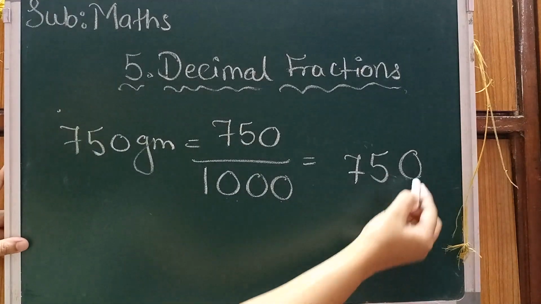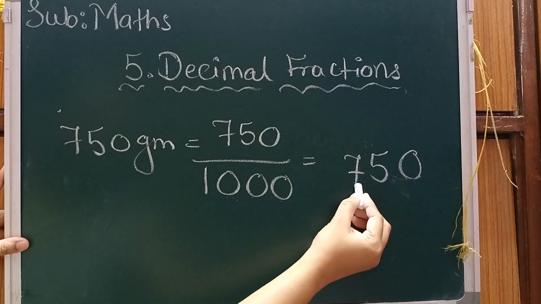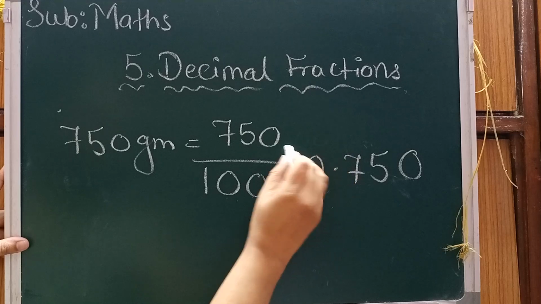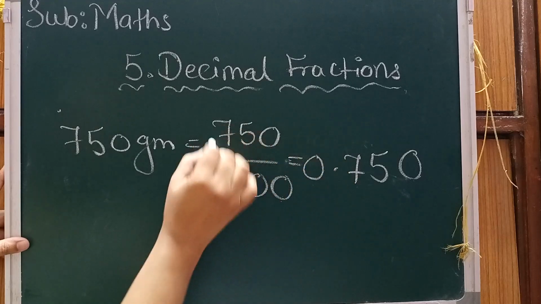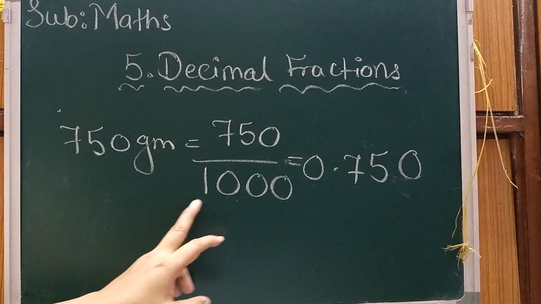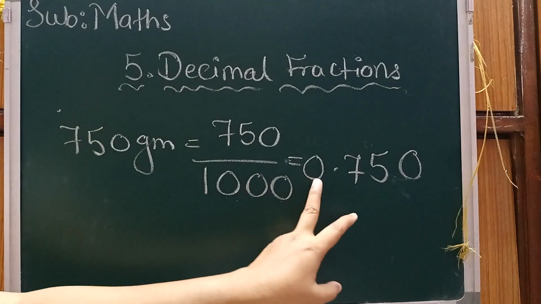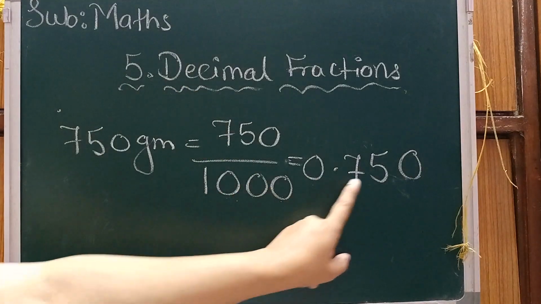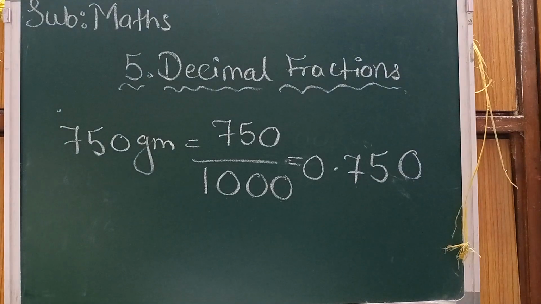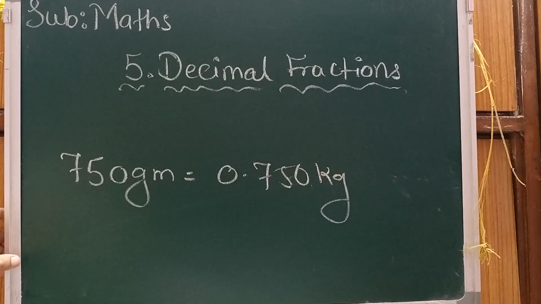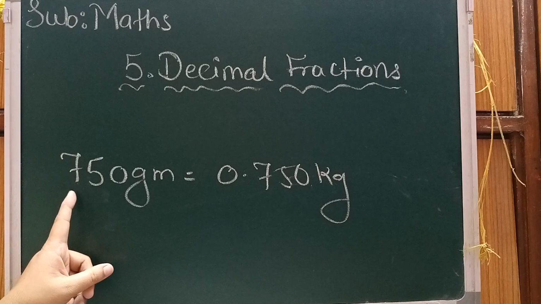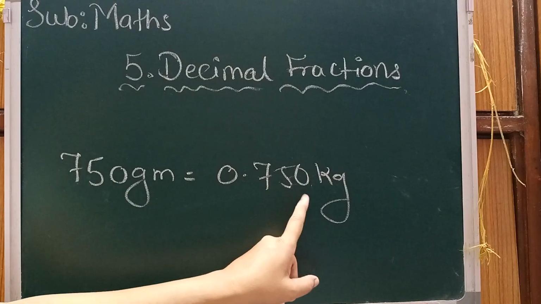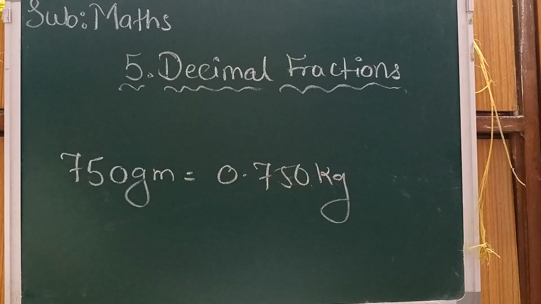That many places you leave from the right hand side, put the decimal point, and then write 0 over there. So 750 upon 1000, I can write in decimal form as 0.750. This is a decimal number. That means 750 grams I can write as 0.750 kilograms.